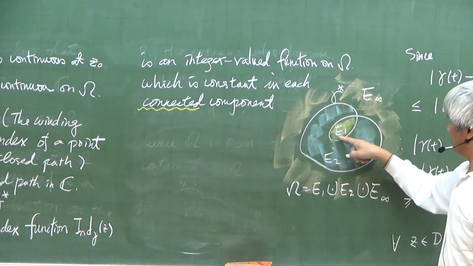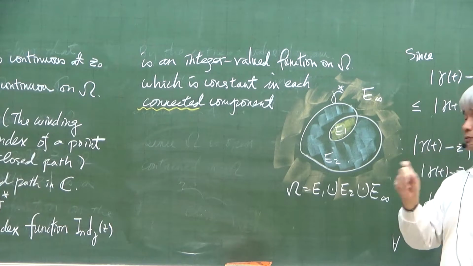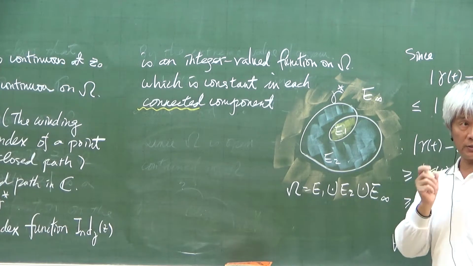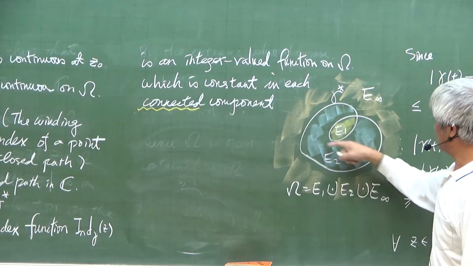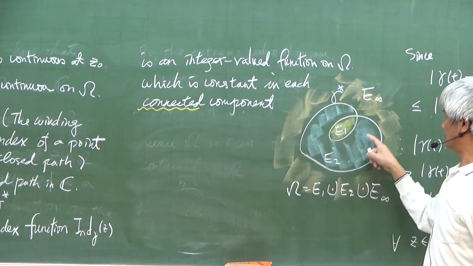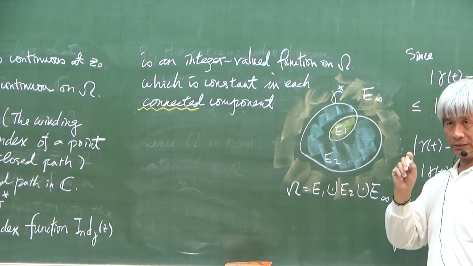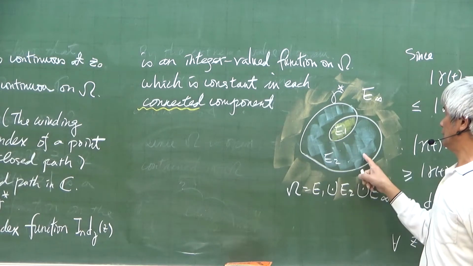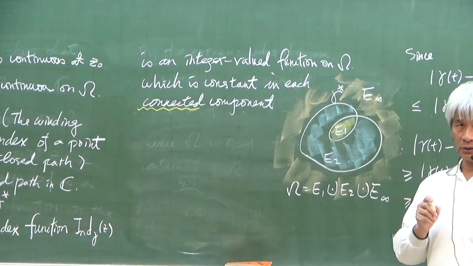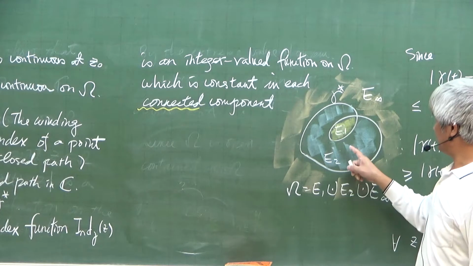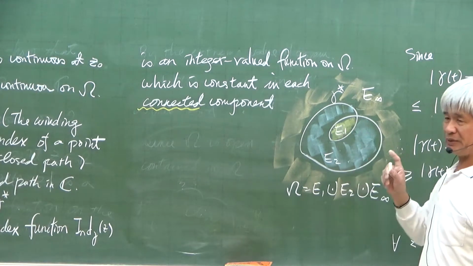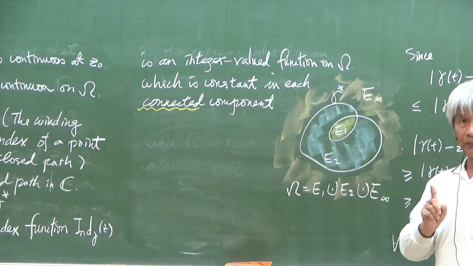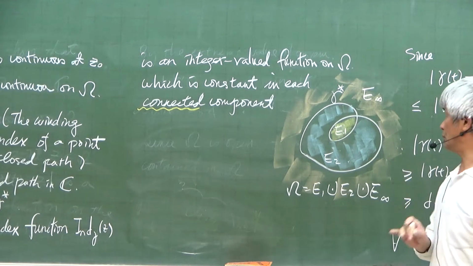So in E1, the index value will be constant, and it is an integer. In E2, the index is also a constant integer value. The integer value in here or here may be different or maybe the same. We just don't know.